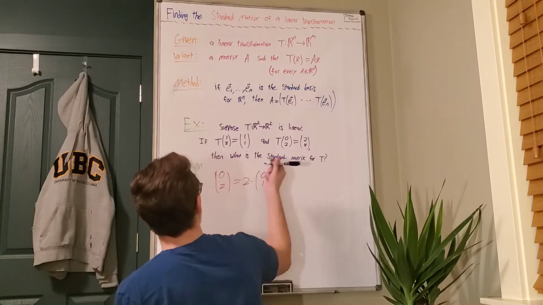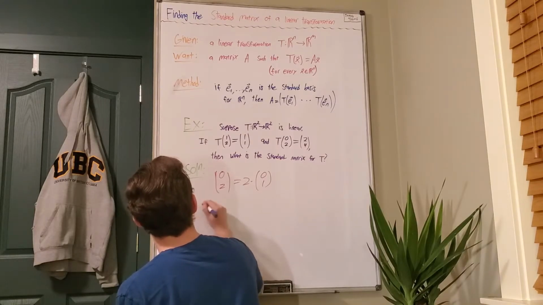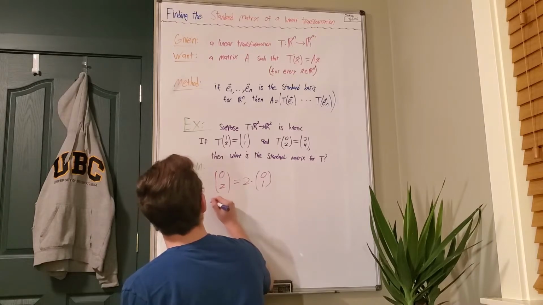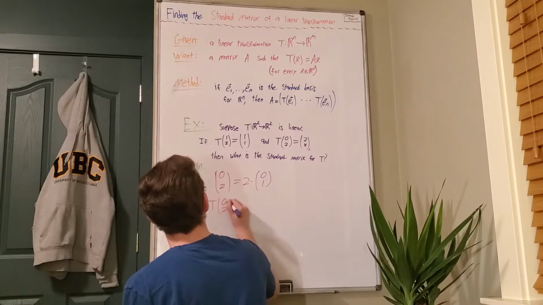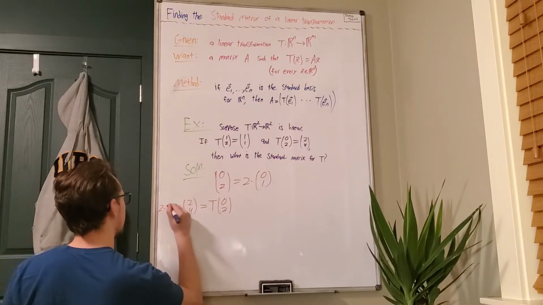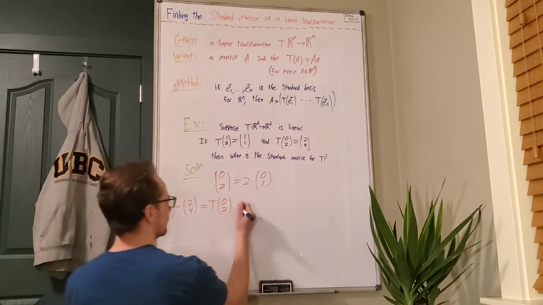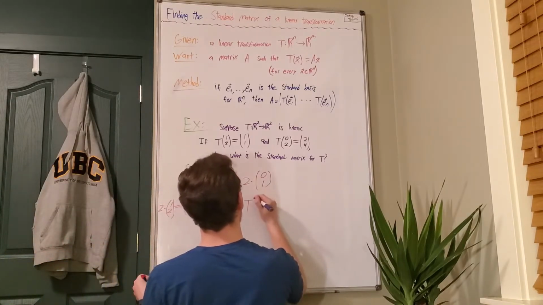And so what we're given is that (2, 4) is equal to T of (0, 2). But (2, 4) is nothing more than 2 times (1, 2), right? And T of (0, 2), well, that's T of 2 times (0, 1).